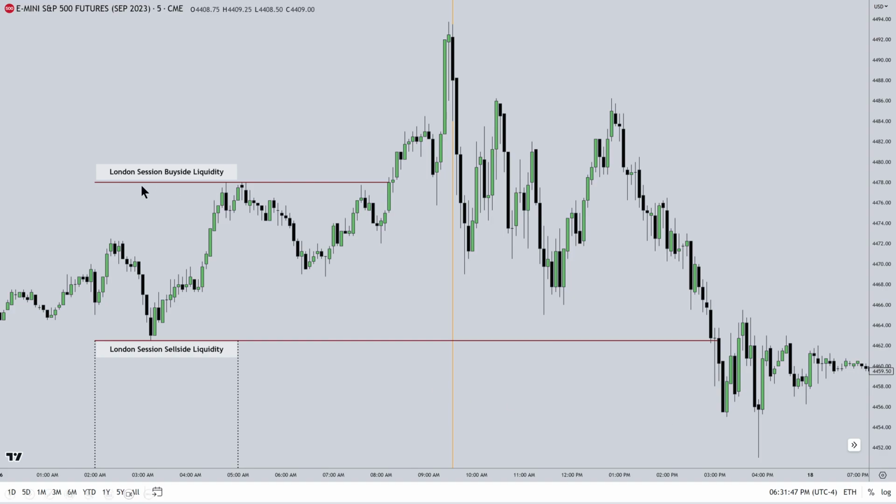So London session buy side liquidity, we're seeing that raid up into it here. And then where's the low in that? Remember, 2 o'clock to 5 o'clock in the morning, New York local time. That's not ambiguous. What is the range? The highest high and the lowest low. Here and here.